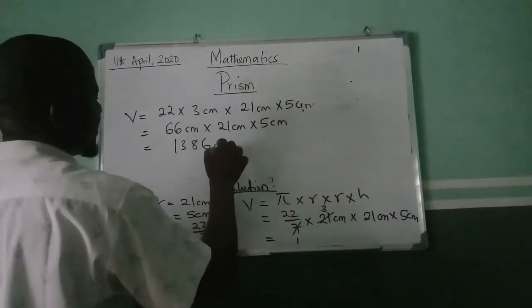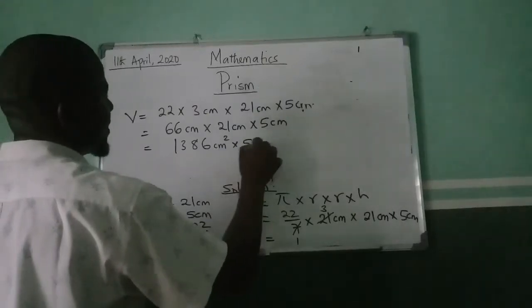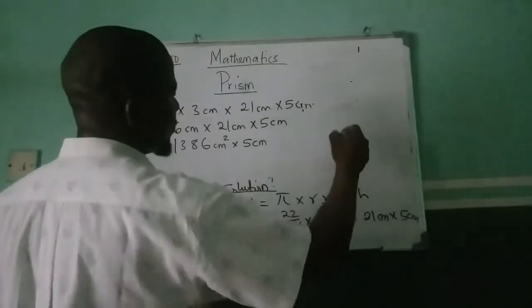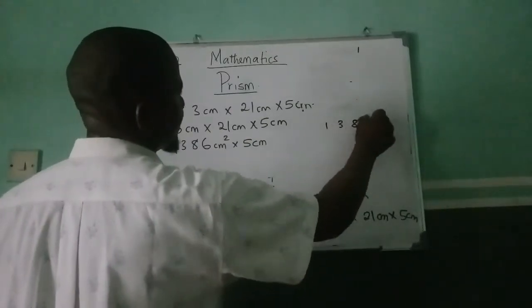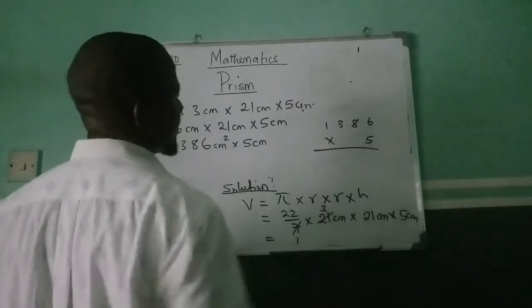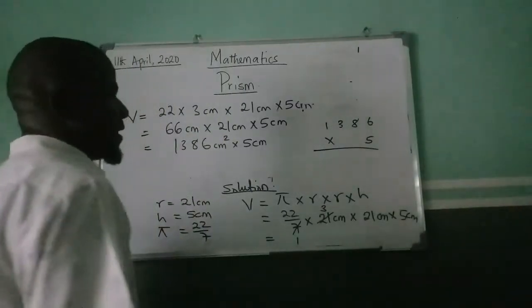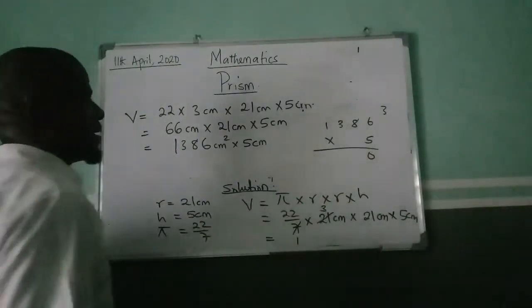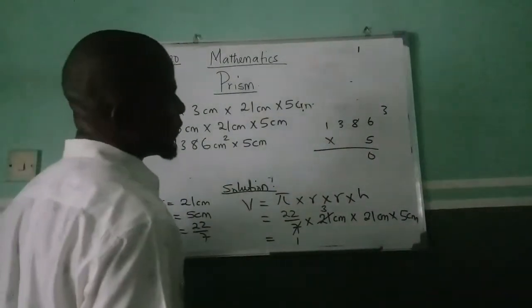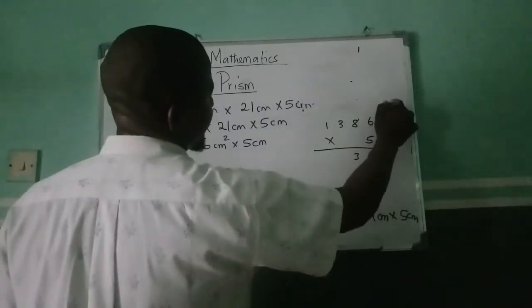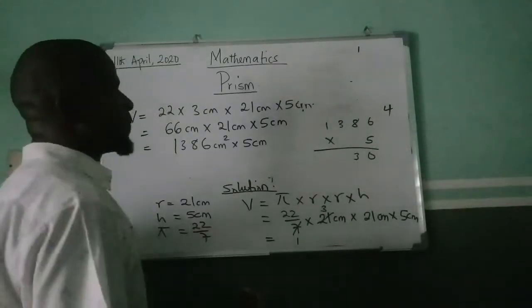1386. So this will give me what? 1386 centimeters squared times 5 centimeters. Okay, now let's multiply this value to see what I'm going to get. 1386 multiplied by 5. Now 6 times 5 is what? 30. I'm going to write down 0 and carry 3. Now 5 times 8 is 40 plus 3, 43. I'll write down 3, carry 4. 5 times 3, 15 plus 4, 19.